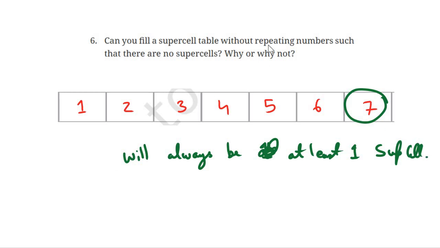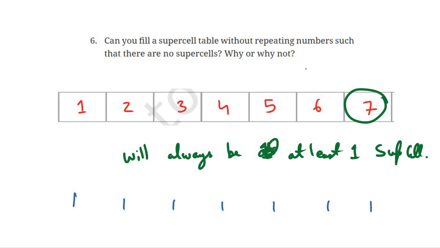and the main reason is that there is no repetition. Had there been a repetition, then I would have just written 1 1 1 1 1 and all that, and then you can see that there will be no supercell. If I just write 1 everywhere, then there will be no supercell.